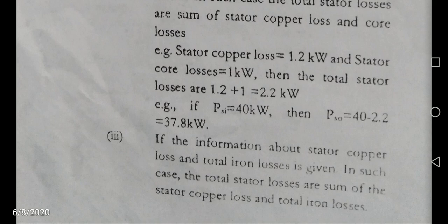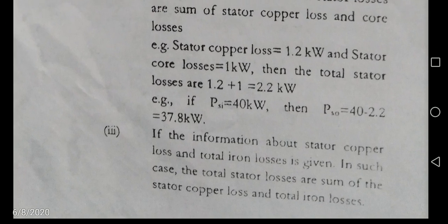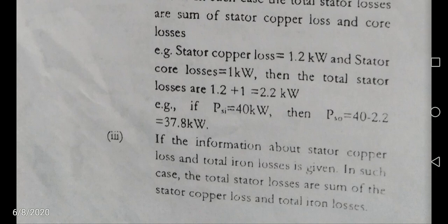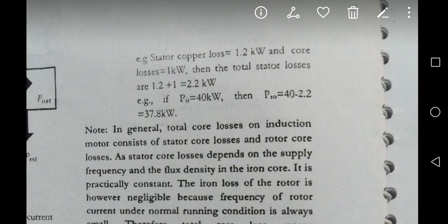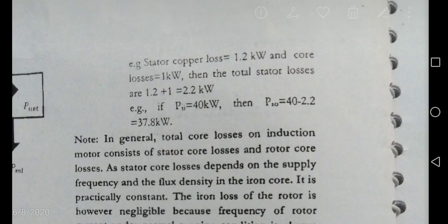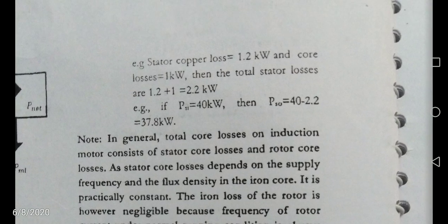If the information about stator copper losses and total iron losses is given, in such a case the total stator losses are the sum of the stator copper losses and total iron losses. Example, stator copper losses 1.2 kilowatt.